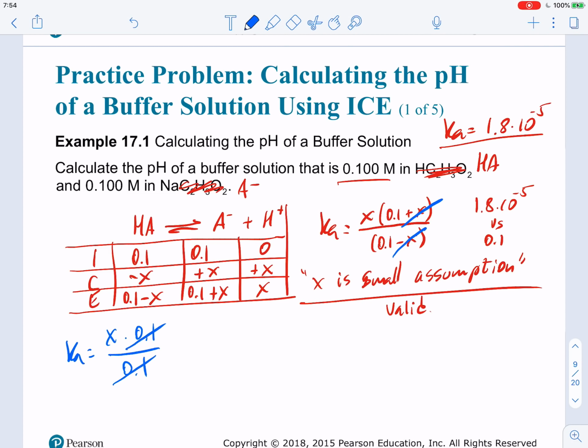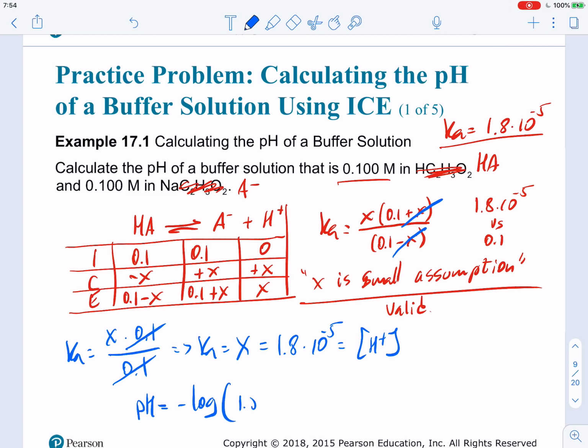They cancel. Ka is equal to X equal to 1.8 10 to the negative 5. This is the concentration of H plus. Therefore, the pH is minus the log of 1.8 10 to the minus 5, and this is equal to 4.74. Okay?